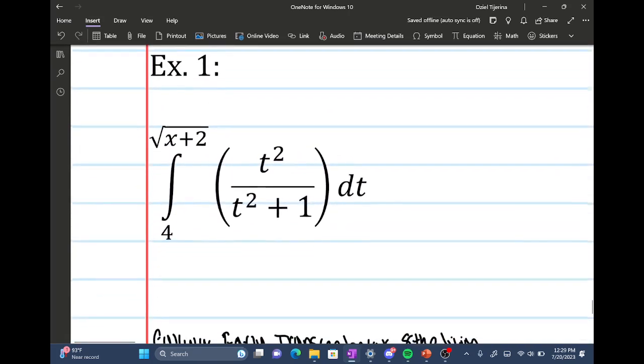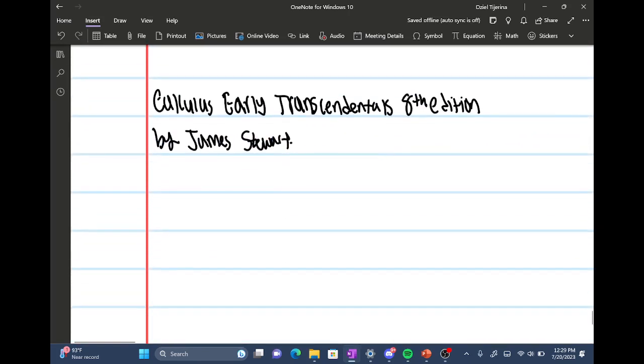So we have this problem, and I would have to write down the formula, or the definition, and this is why I got it from the book.